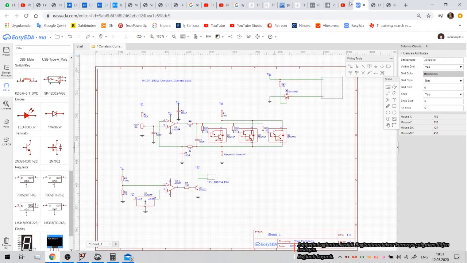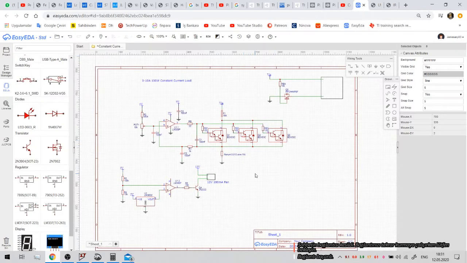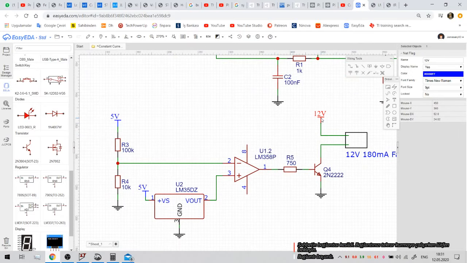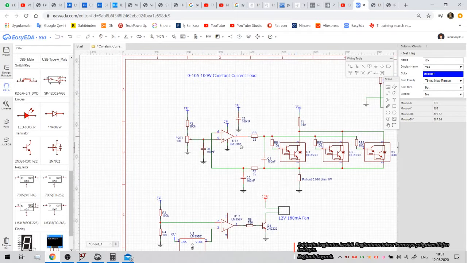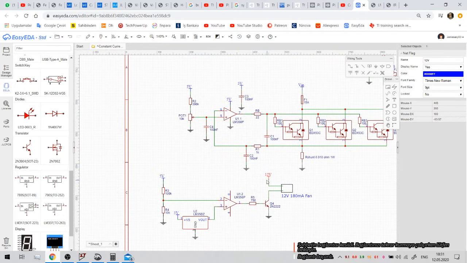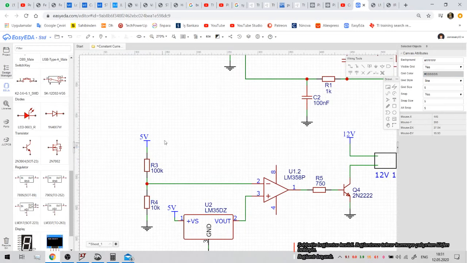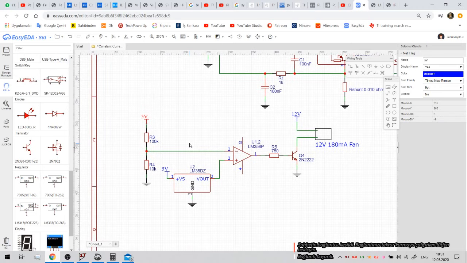Also, I didn't say, but we need a 12-volt rail. We need, other than VIN, a 5-volt and a 12-volt rail. We can take the 5-volt rail from the wall, via some USB chargers.